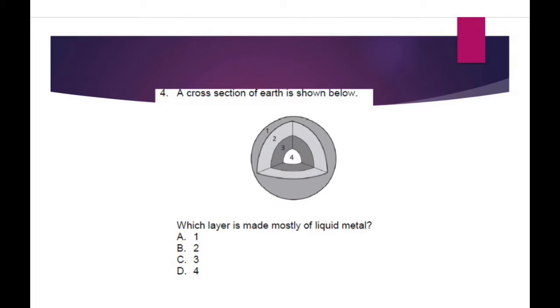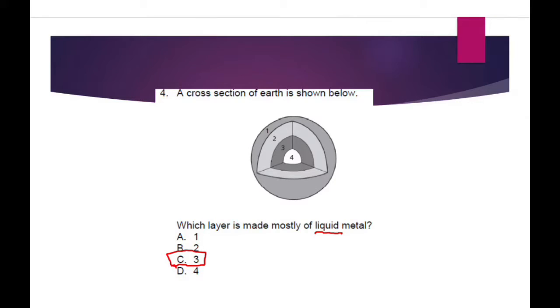Next, a cross-section of Earth is shown below. Which layer is made of mostly liquid metal? Is it A1, B2, C3, or D4? Where is the liquid metal? You should have put C3.